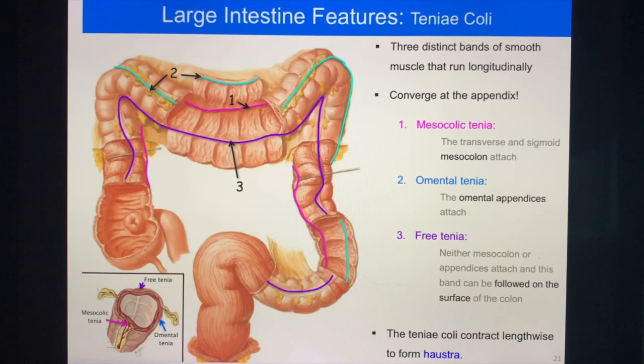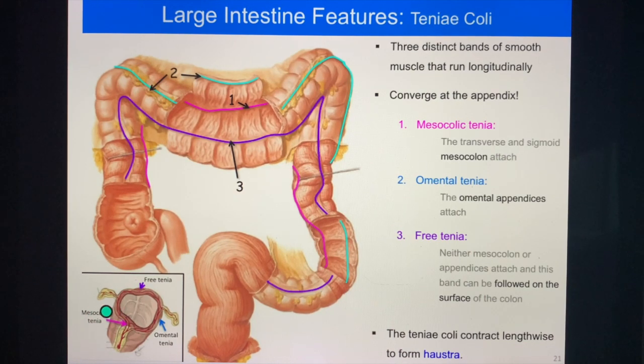So the 3 taenia coli will converge at the appendix. And this is a surgical pearl because this will help the surgeon identify where the base of the appendix is. So these are your 3 taenia coli: mesocolic taenia, the omental taenia, then we have the free taenia.